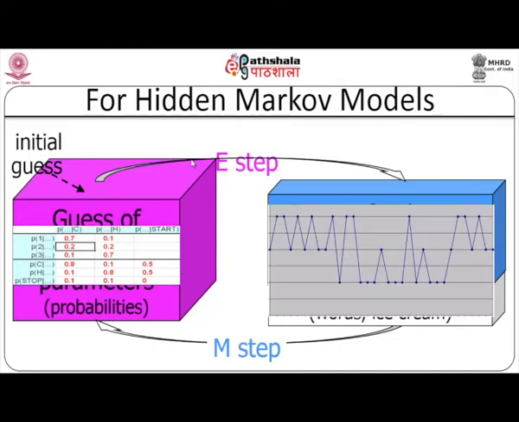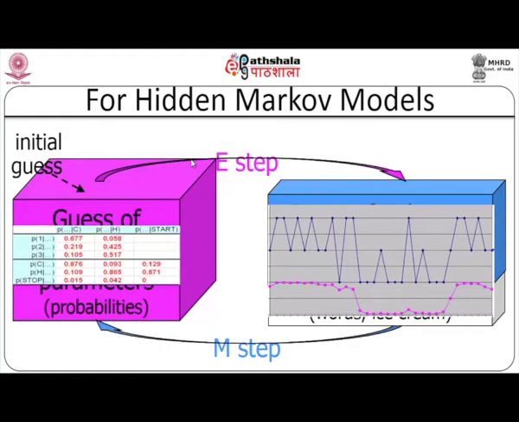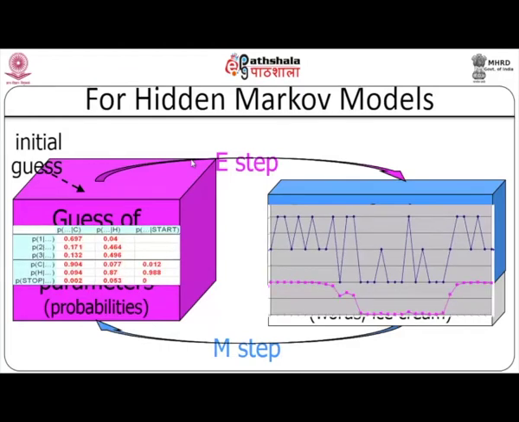With the new value you re-estimate the distribution, go back, and keep doing this till the value no longer changes. Basically, you are assuming some transition probabilities, calculating the forward, backward and all the probabilities required, and then using that to find the transition probability, initial probability and emission probability.